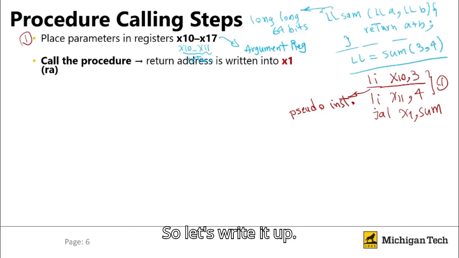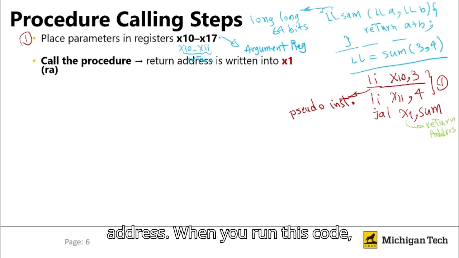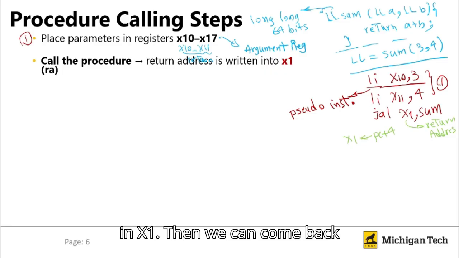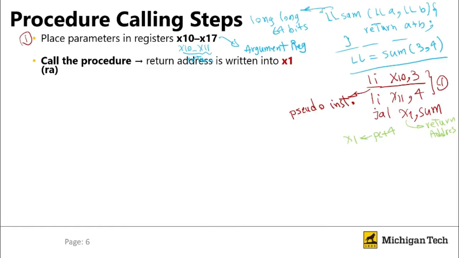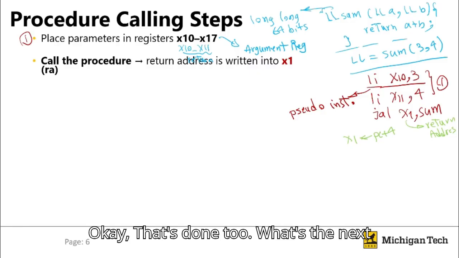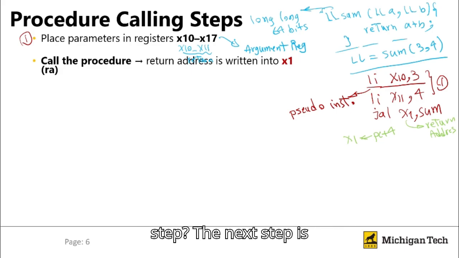When you run this code, it jumps to sum, but puts program counter + 4 in x1 so that we can come back later. That's how it works. So to call the procedure, we need to use this instruction, jump and link. Okay, that's done too. What's the next step?